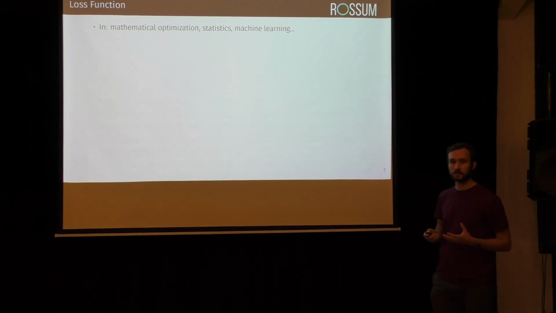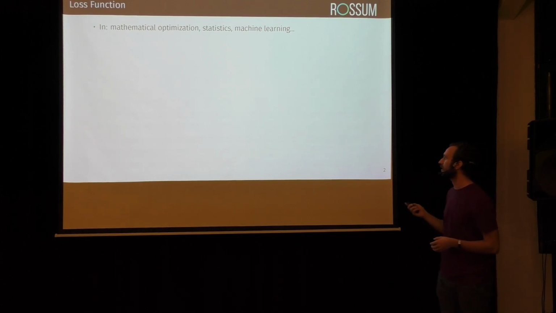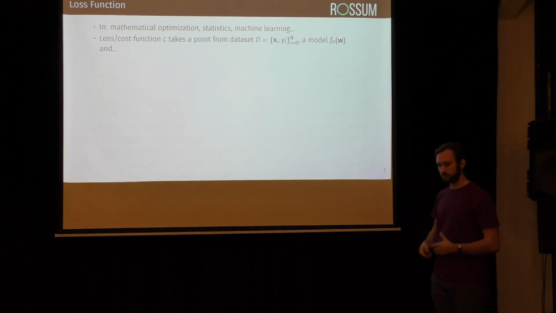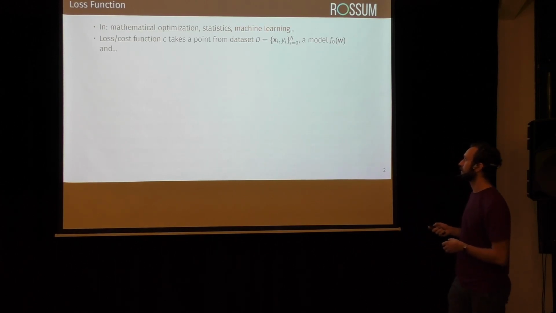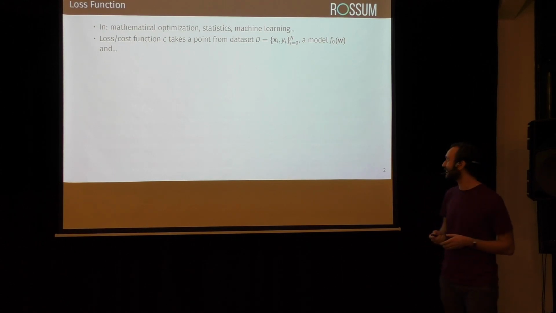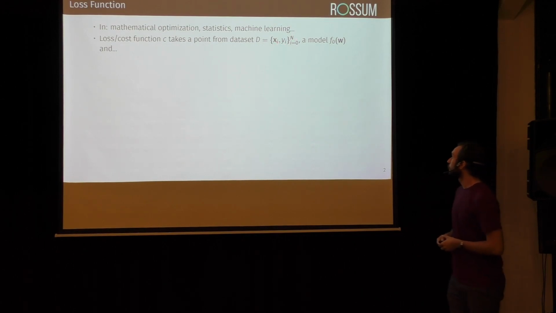So loss function is a term that you can frequently encounter in mathematical optimization, statistics, machine learning, and of course we're interested in the machine learning part. And just to be brief and to denote some things, I will be denoting the loss or cost function as C, and I'll be dealing with supervised learning, where your data set is made of n input vectors and n targets.